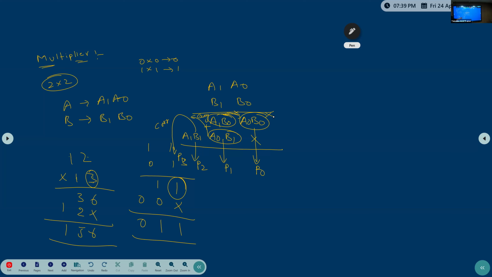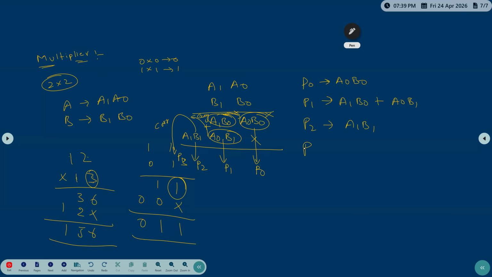Clear? So P3, P2, P1, P0. What is the equation for P0? P0 equals A0 B0. P1 equals A1 B0 plus A0 B1. Then P2 equals A1 B1.